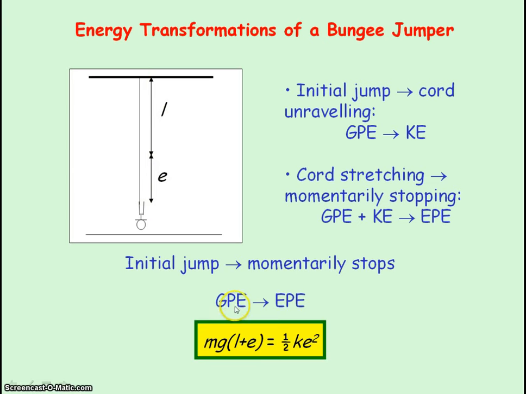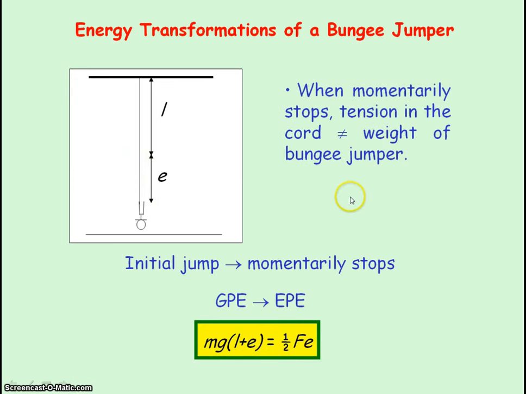That loss in GPE will equal the gain in elastic potential energy, which is a half ke squared. It's important to note that we're using this equation based on the assumption that the bungee cord obeys Hooke's law.